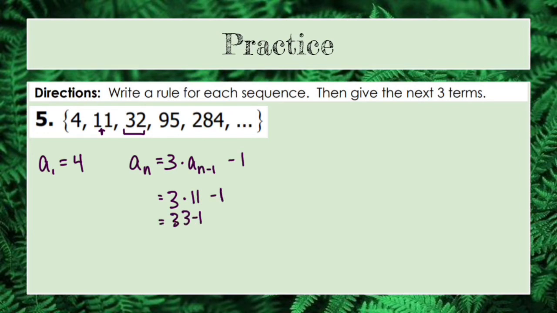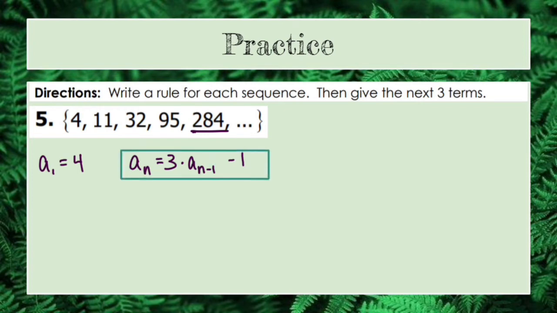This would be 33 minus 1, and that does equal 32, which is our third term. So it works there. Let's test it for one more term just to make sure before we assume that we're right. So let's try to see if the fifth term works. This would be 3 times the term before, so 95, and then we would subtract 1. And this is going to give us 285 minus 1, which does equal 284. So this is our formula.